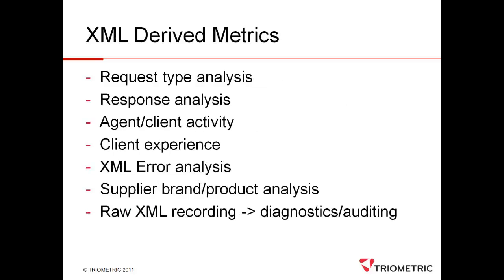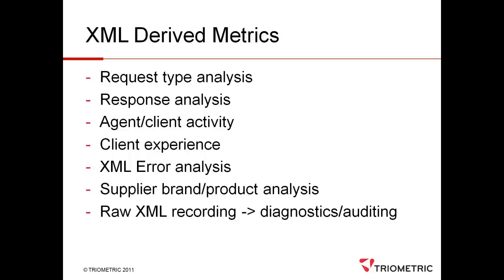Then if we get into the XML side and we actually start doing extractions, we've got a set of XML derived metrics. This includes things like the request type. It could be searches, availability inquiries, bookings, modifications, those sorts of things. And then also the response side of things, how many properties or whatever we responded with, what the response was to the cancellation, etc. We can track things, and again, we'll talk in much more detail about this in the next webinar.